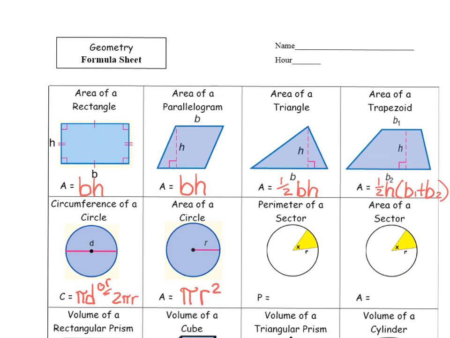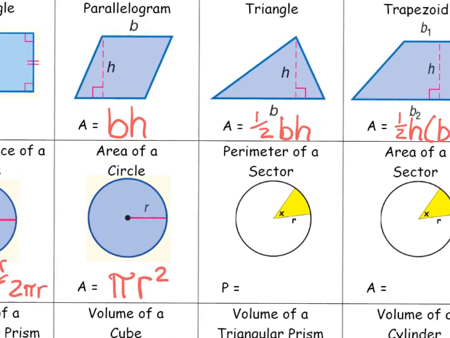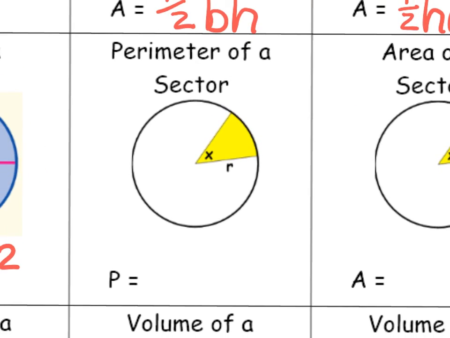Next, we're going to add to our formula sheet these two formulas. So you don't want to have to try to remember these by heart. We definitely want to add them in. So perimeter of a sector, we're going to add in P equals x over 360 times diameter of a circle, pi d, plus those two radii, so plus r plus r.